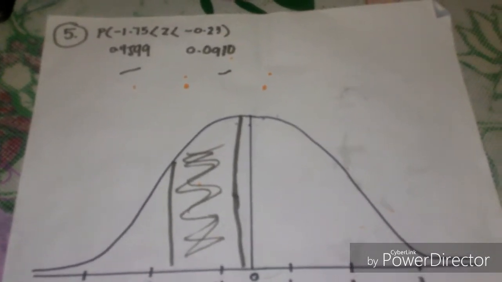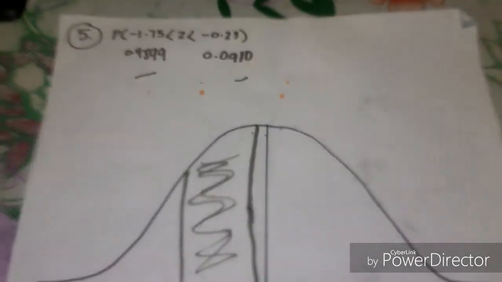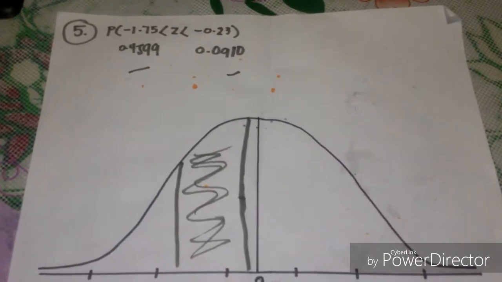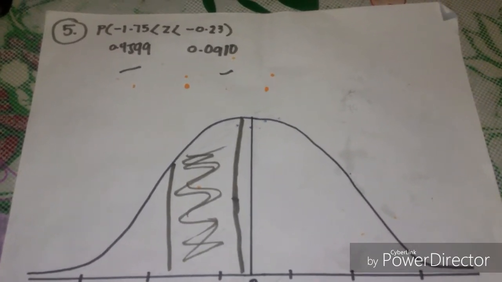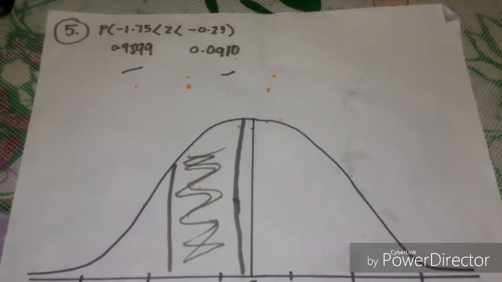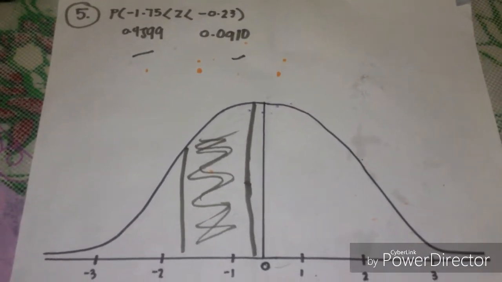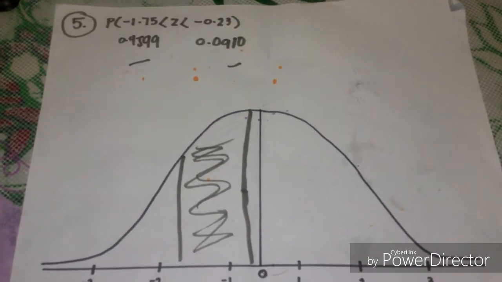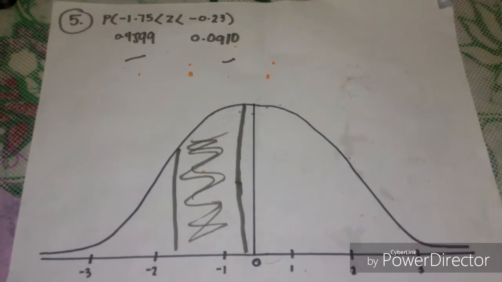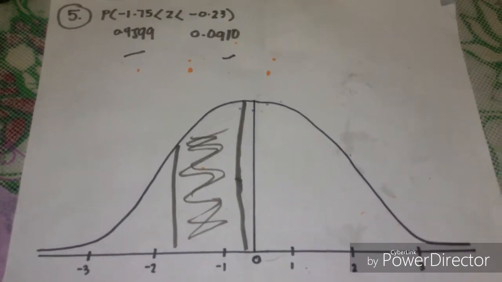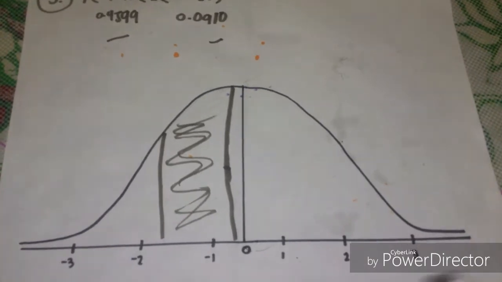The value of negative 1.75 is 0.4599, and the value of 0.23 is 0.0910. And after that, the negative 1.75 and negative 0.23 are needed to locate in the normal curve, just like you see in the table right now.